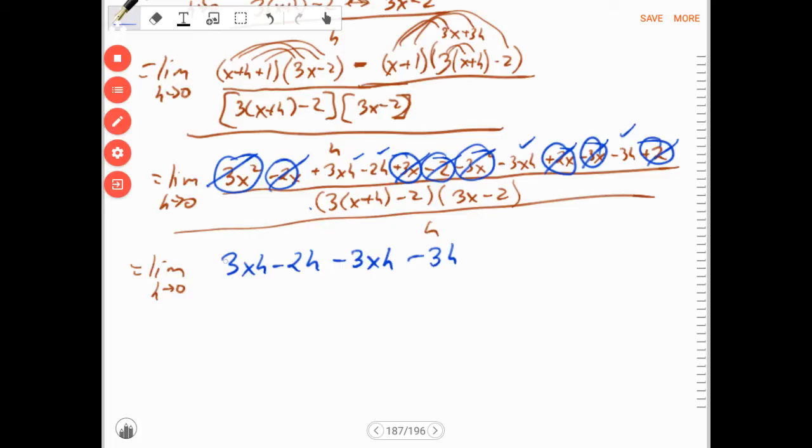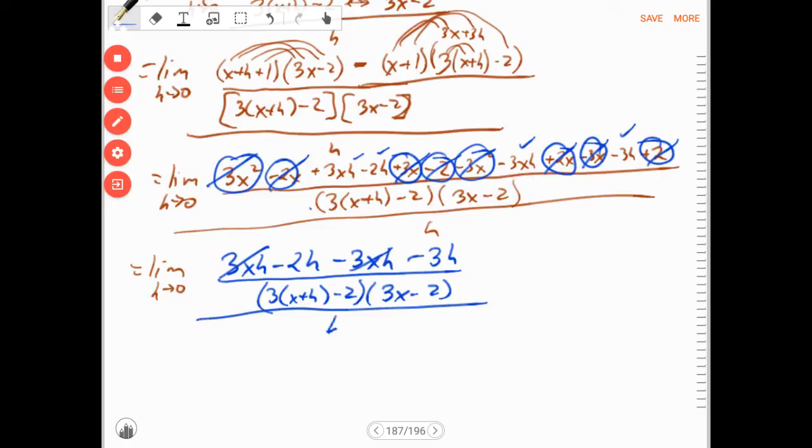Hey, are you guys seeing this? Look at that. 3xh minus 3xh, so those cancel too. That's even better. All divided by 3x plus h minus 2, 3x minus 2, all divided by h. All right, so that's nice.